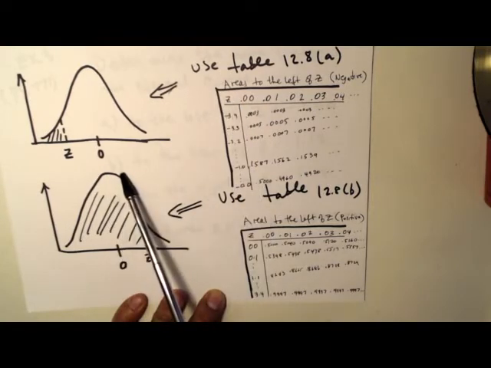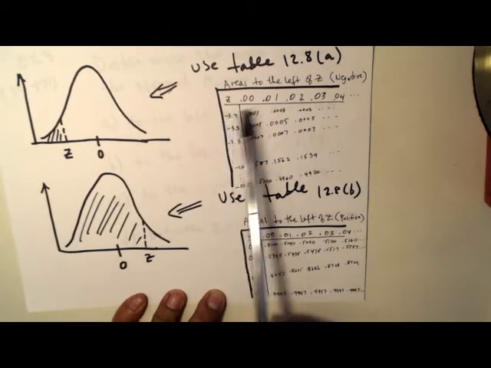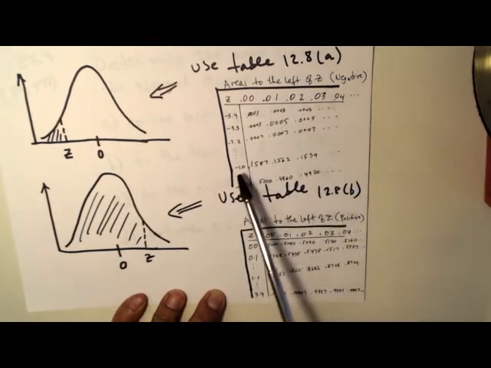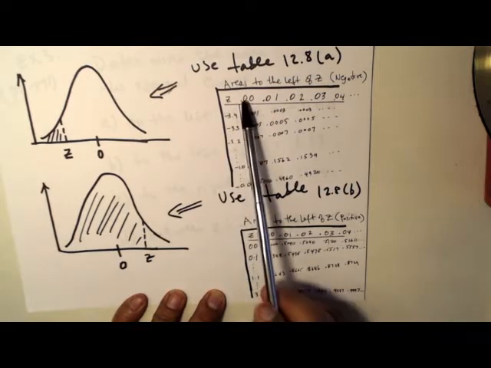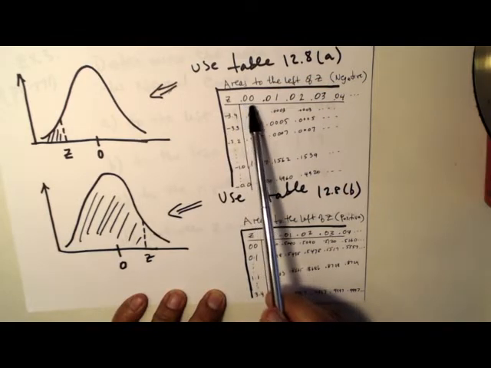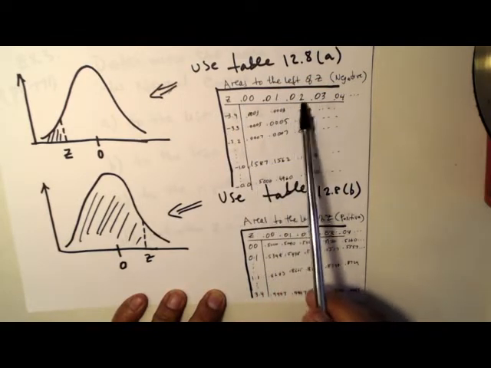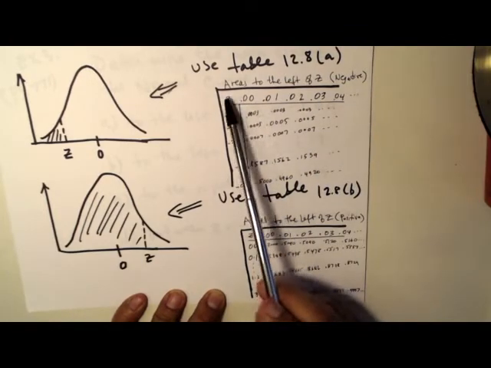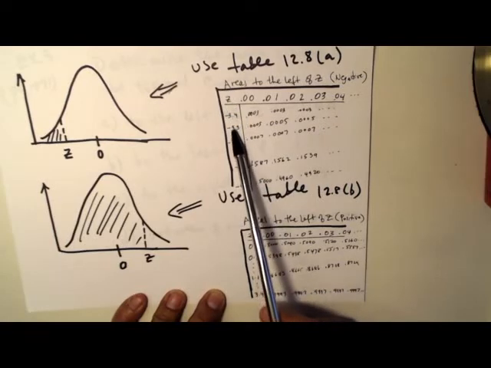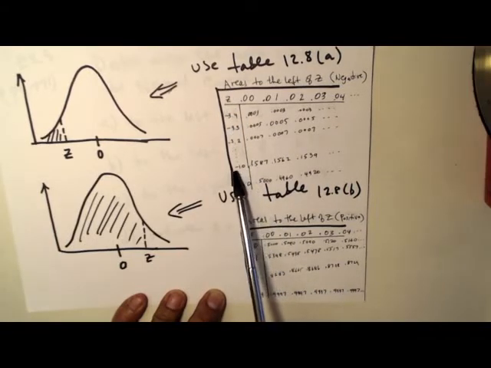So if we have, for example, a value of, let's say, minus 1, remember 1.0, and then you have 0.00, 0.01, 0.02, 0.03, and so on. So you have to come to the Z-score that you calculated. Let's say, for example, you calculated minus 1.